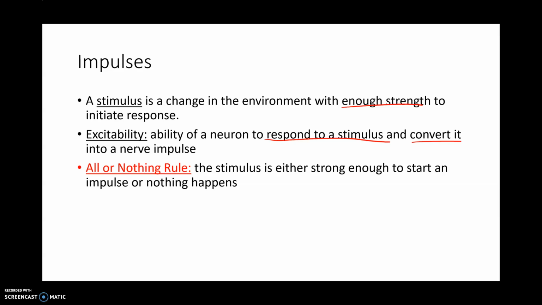And we see this really important rule, which is why I put it in red, called the all or nothing rule. So it's either the stimulus is strong enough or nothing happens. So if the stimulus is not strong enough to start that impulse, we're not going to have any reaction to it. Hence the all or nothing principle for nerve reactions here.